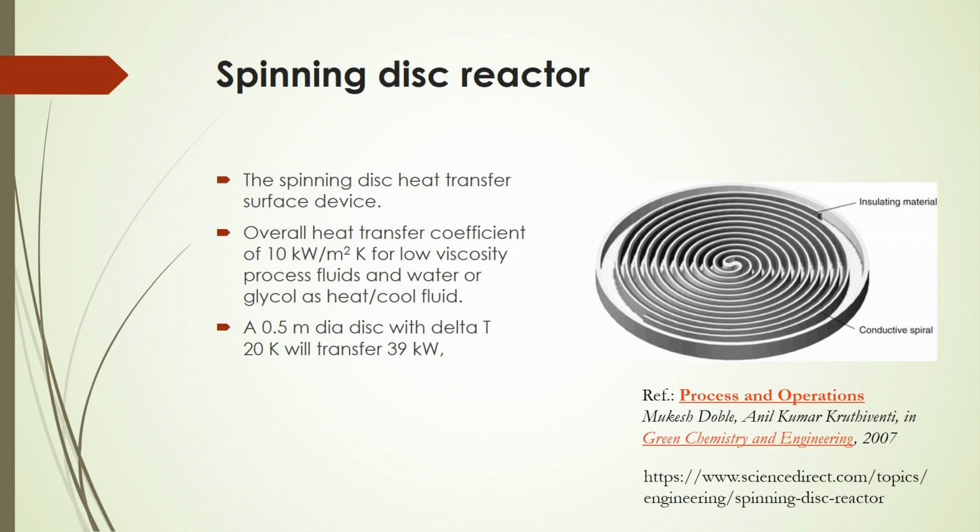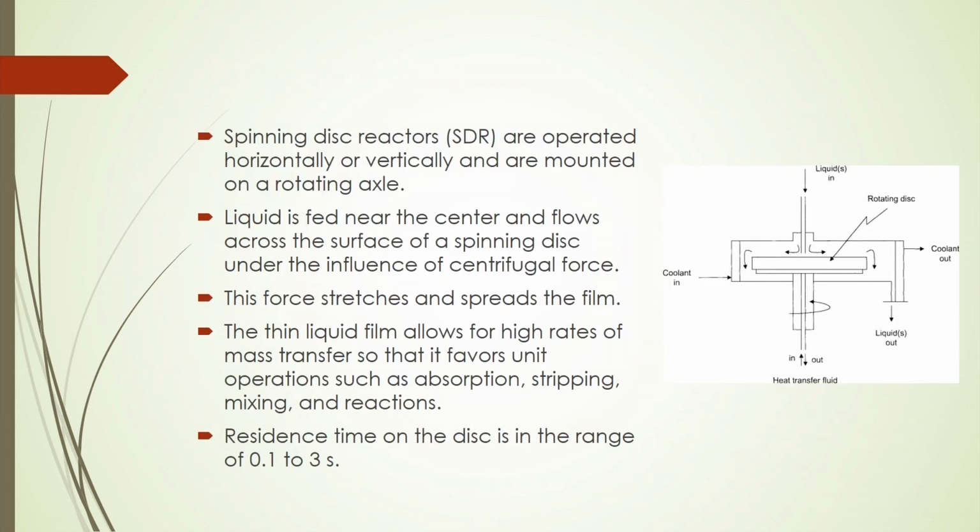Generally, a 0.5 meter diameter disc with a delta T of 20 K, that means a temperature difference of 20 K, may transfer 39 kilowatt. As per the Doble 2007 report, they gave this idea for the spinning disc reactor for process and operations in an intensified way.